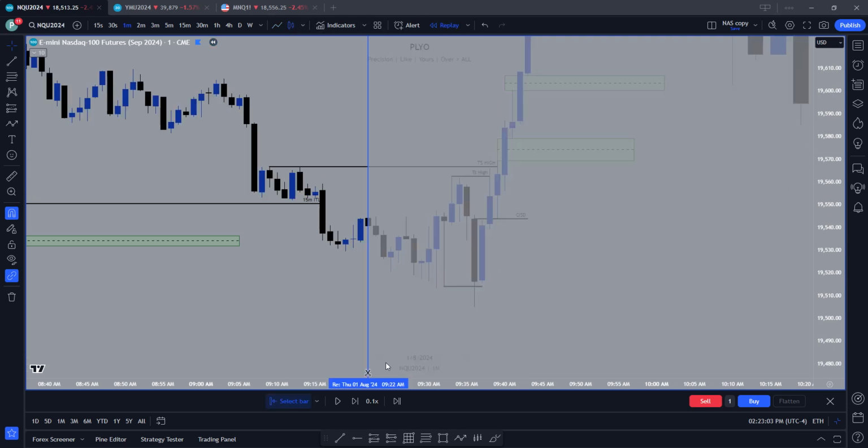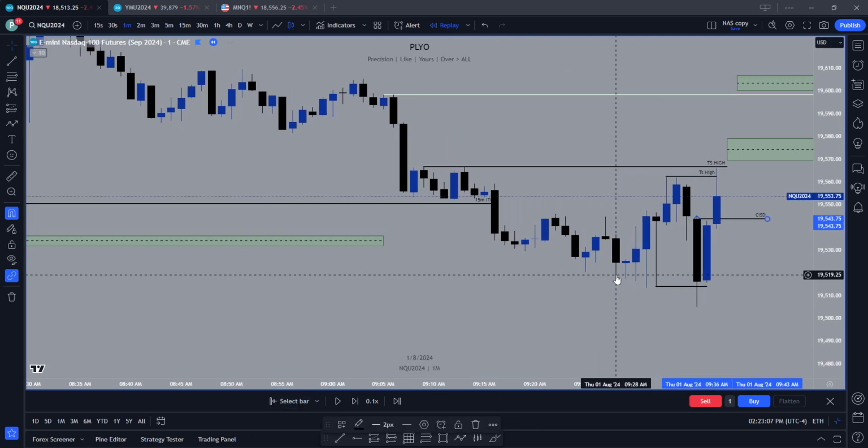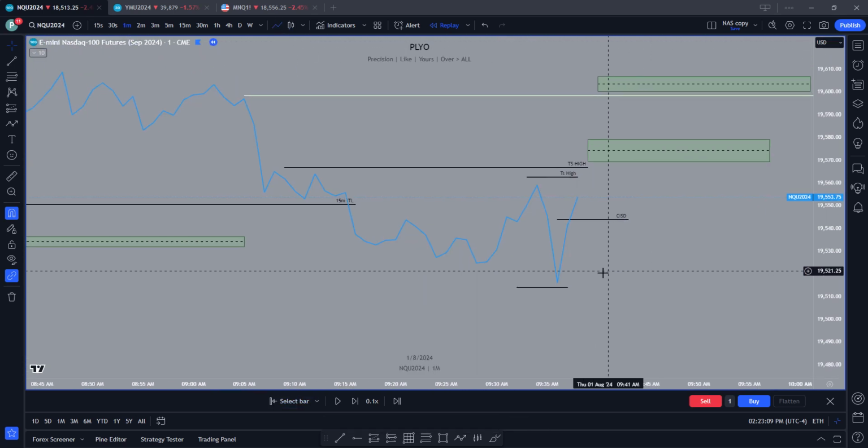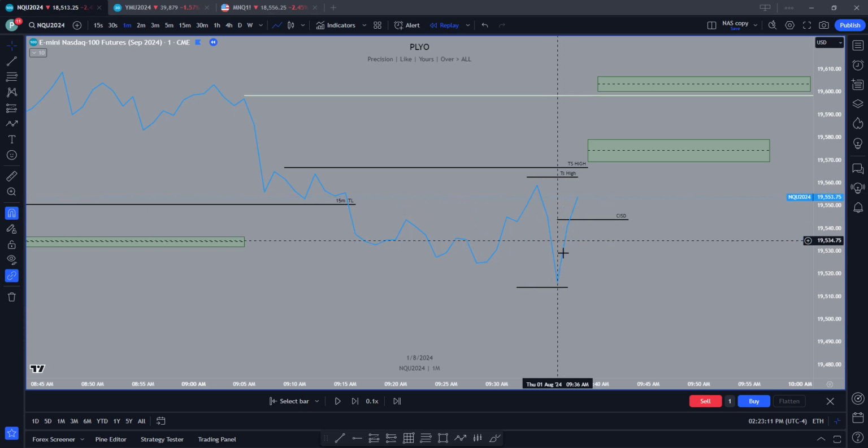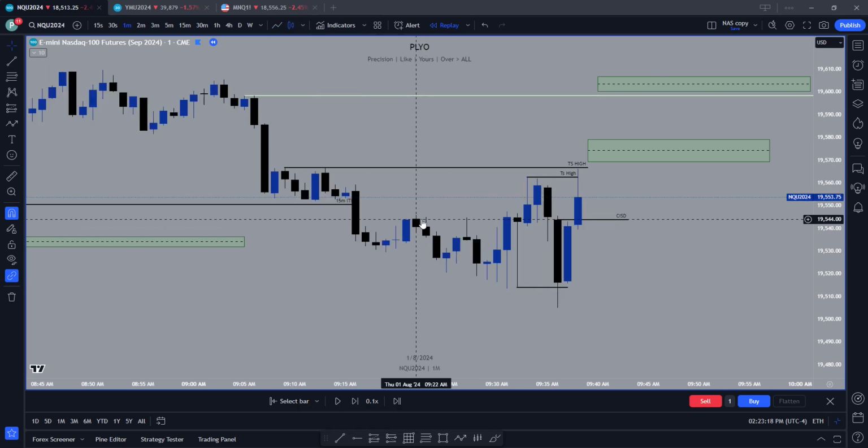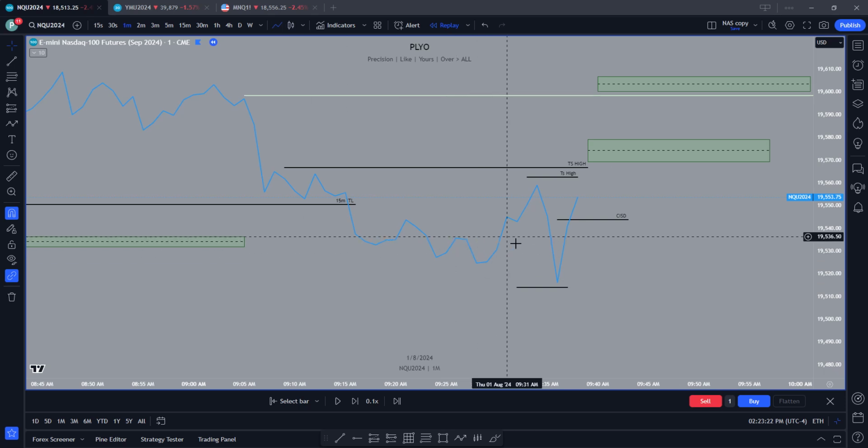Even if I go to the replay back to this exact point, this right here is sharper than this right here. You see how we stopped halfway back to getting to this high. We stop, if you're looking at the line chart, right?